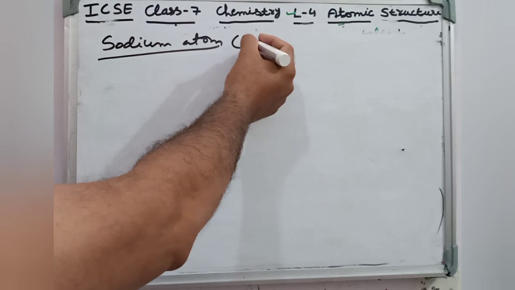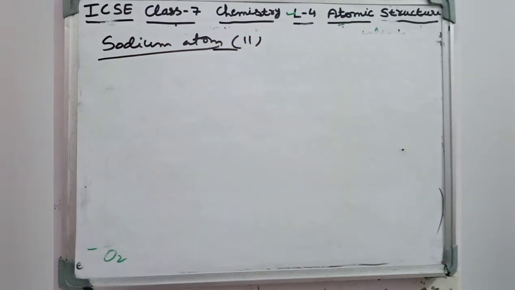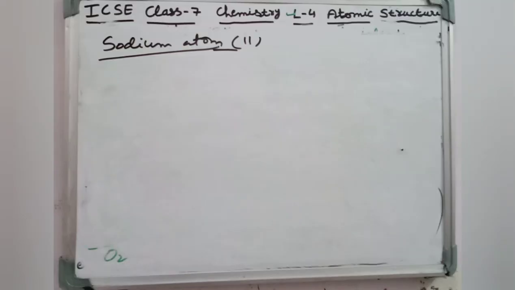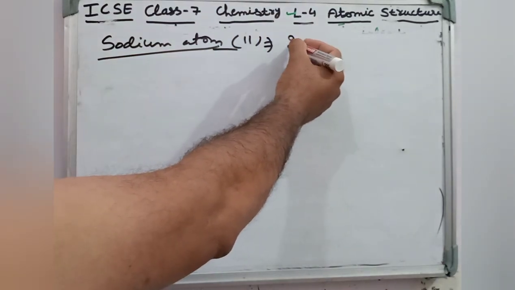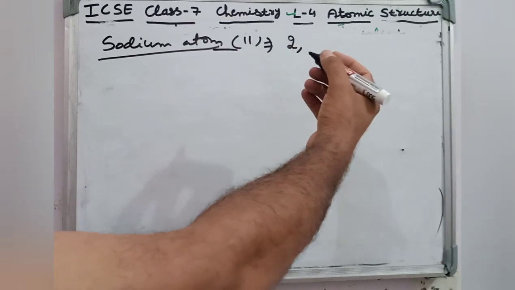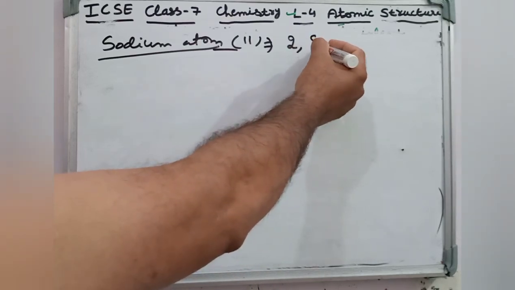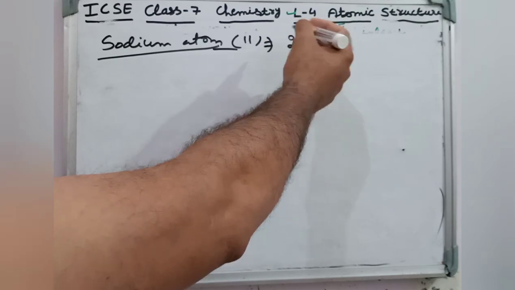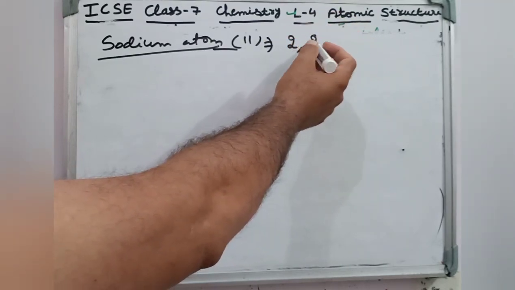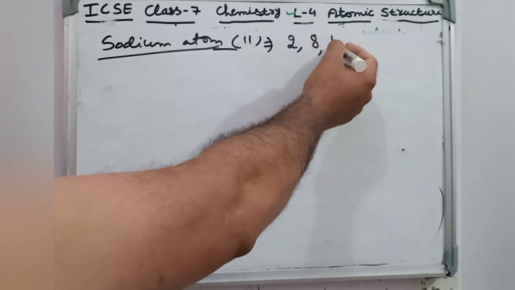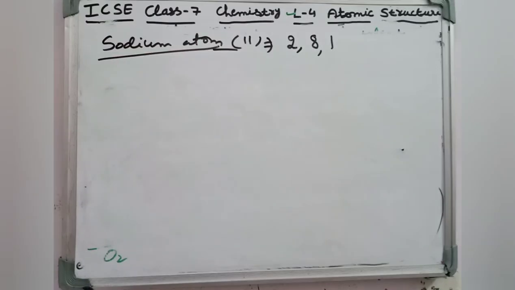The sodium atom has atomic number 11. So what will be its arrangement? We know that in the first shell there are only 2. In the next shell we can arrange 8. In the next shell we can arrange 18, but 2 plus 8, 10 is gone. Only 1 will be in the third shell.